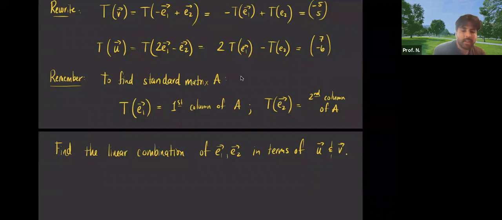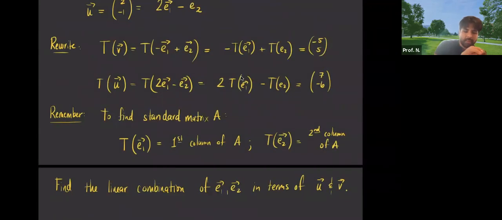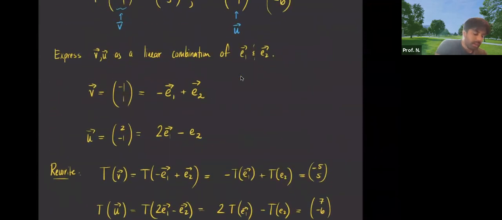Normally, I would ask what's U in terms of E1, E2, which is what we did. V is this linear combination of E1, E2. U is this linear combination of E1, E2. Now I'm going the opposite way. Find the linear combination of E1 in terms of V and U.